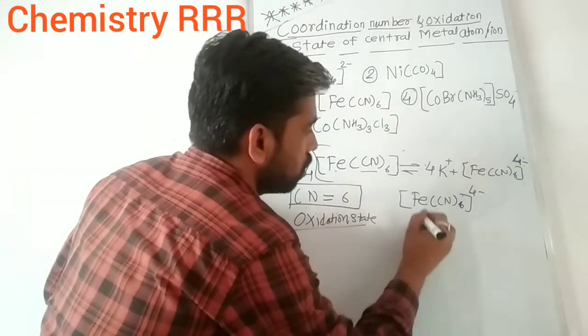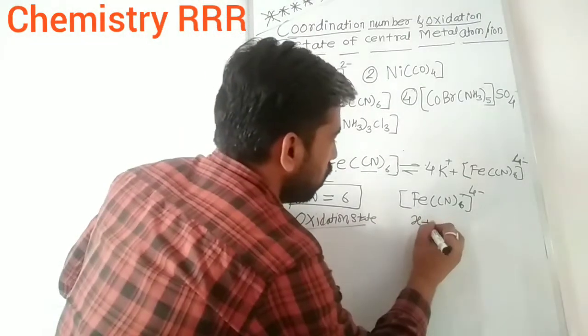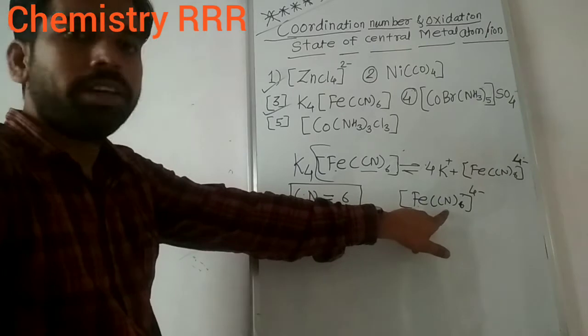Let's consider Fe equal to X. Then X plus the ligand: cyanide is a negative ligand.